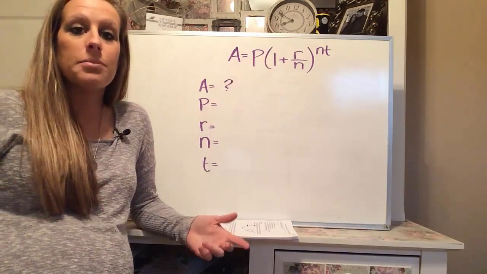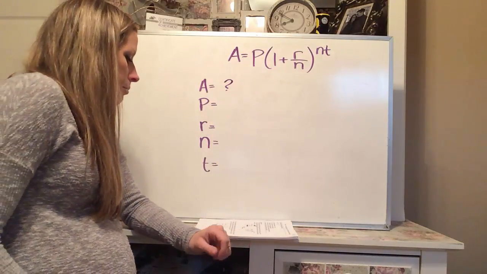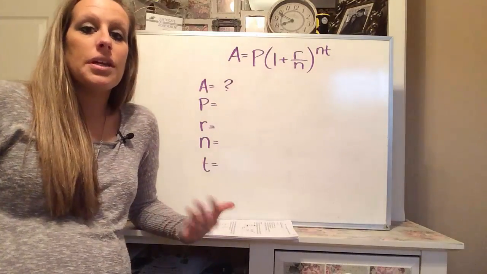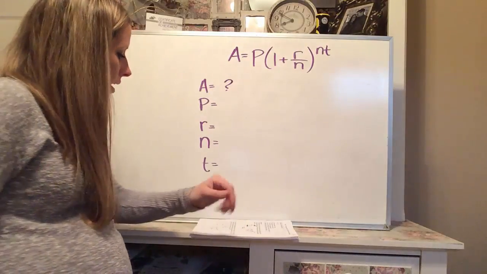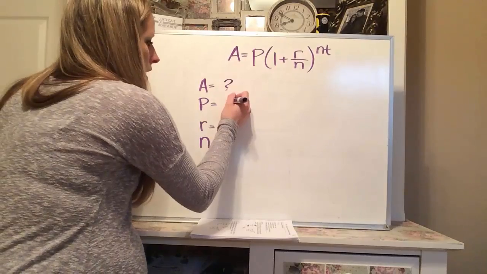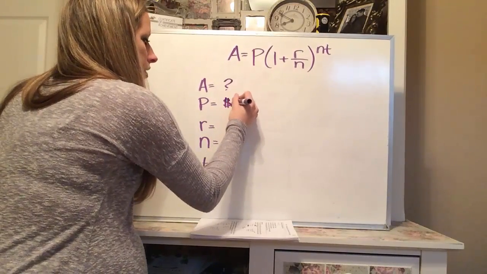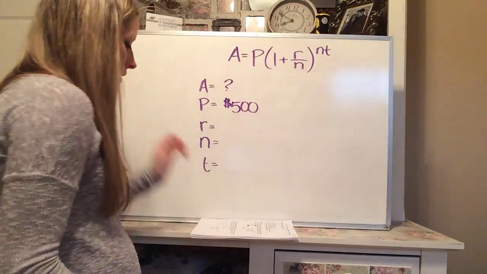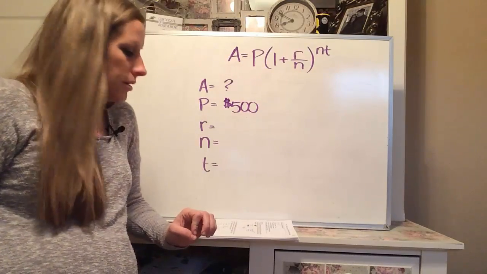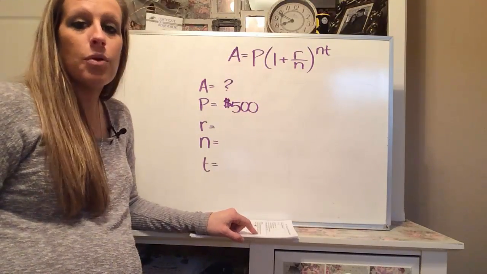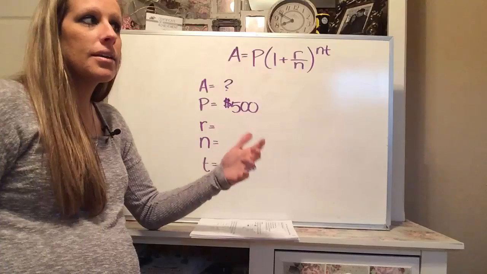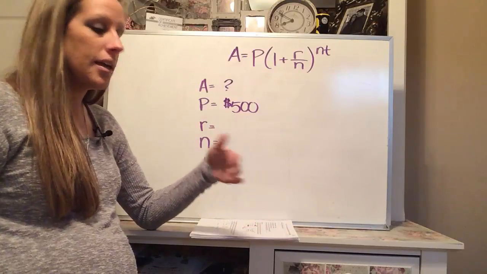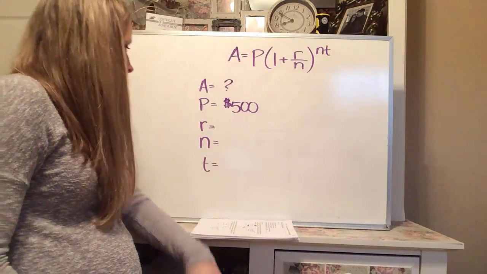That way I know what I'm solving for. P is the principal, so it's what you put in the bank at the very beginning. And here, the amount that was deposited is $500. Okay, that's my principal. R is the rate, and my rate here is 9.5%. That bank is going to pay me 9.5%.